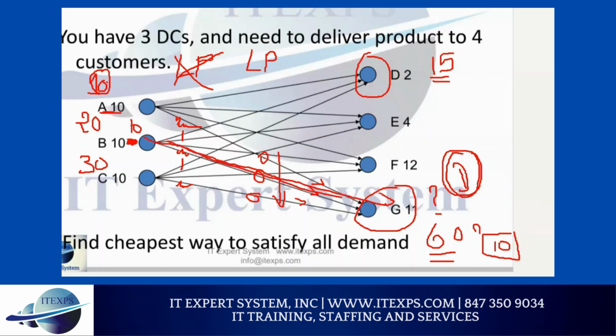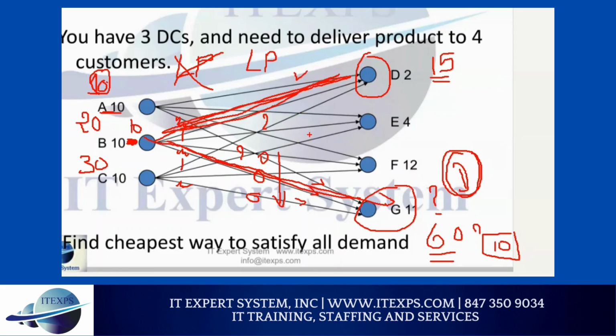Should I deliver 10 here or 10 here? How would you decide that? Same concept. Should I deliver it here or here? Which one is cheaper? If this one is cheaper, then I'll deliver here. And sometimes it will be a delicate balance, because both sides have equal cost, right?